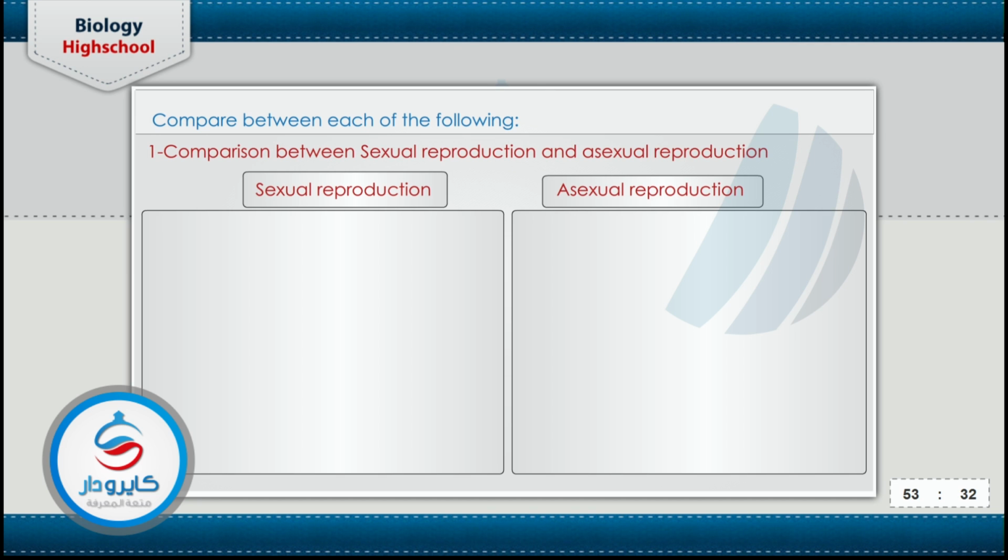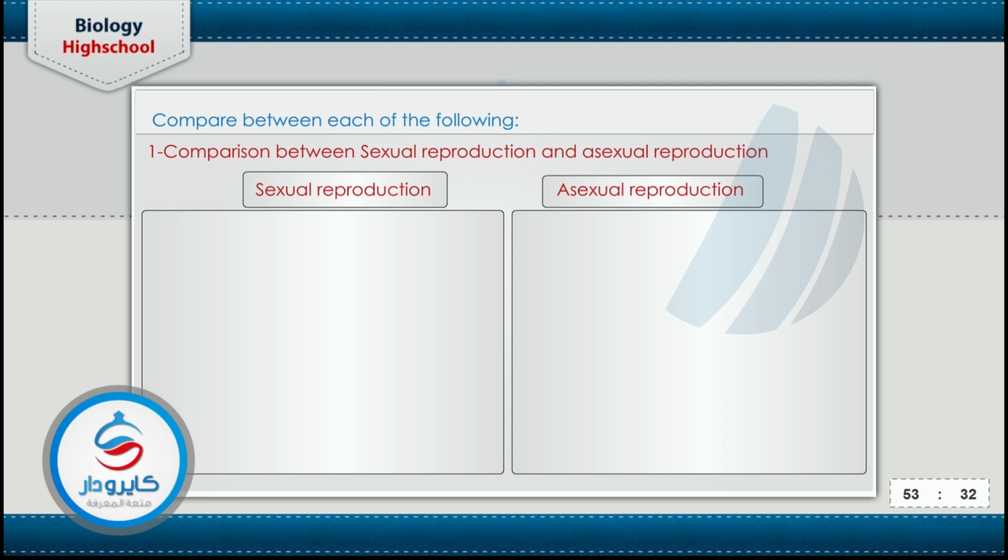طب الميوزيس division ده بيحصل فيه crossing over وبيديني genetic variation but no genetic variation takes place in the asexual reproduction. طب طالما في genetic variation في السexual reproduction يبقى في different living organisms or the produced individuals are different from each other and different from the parents.